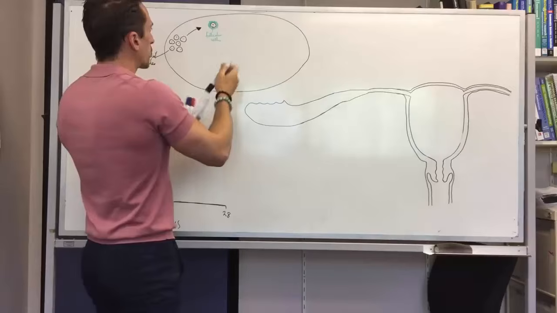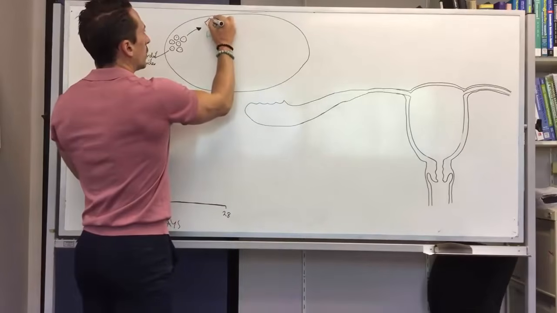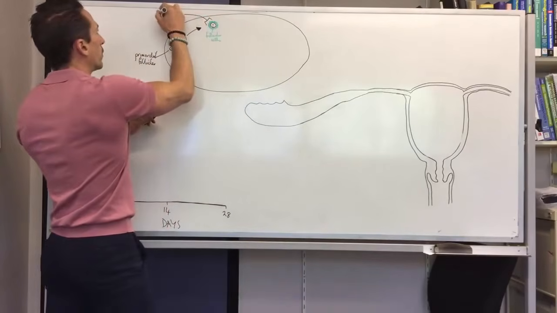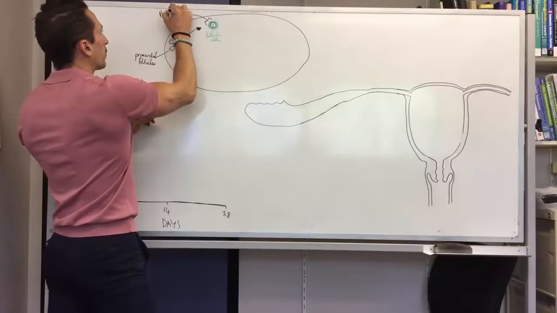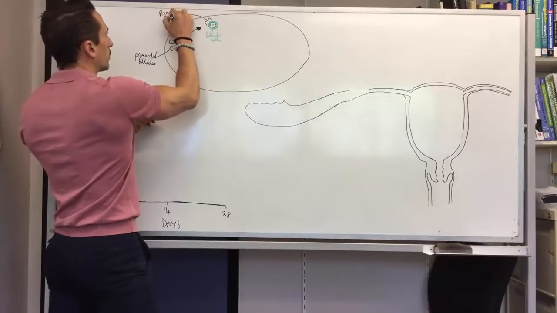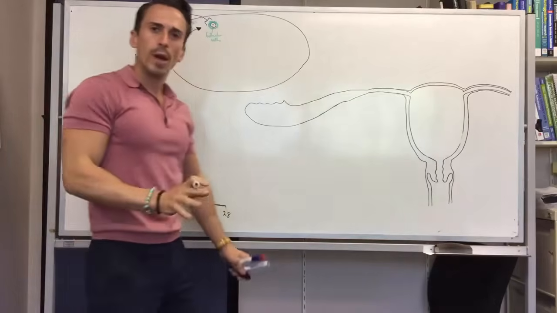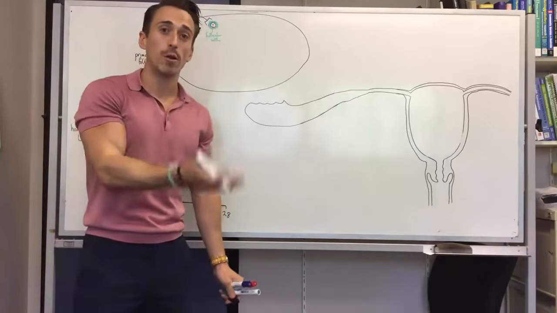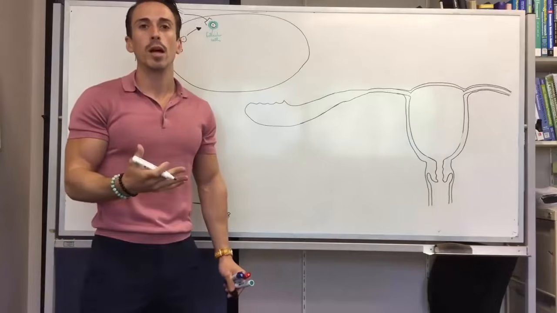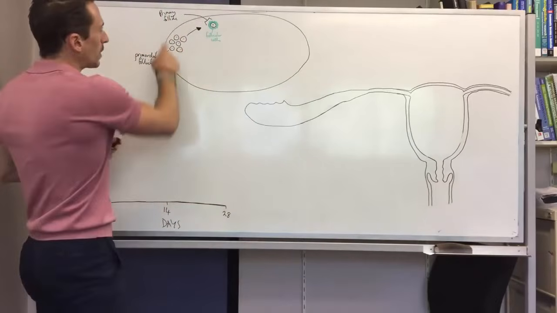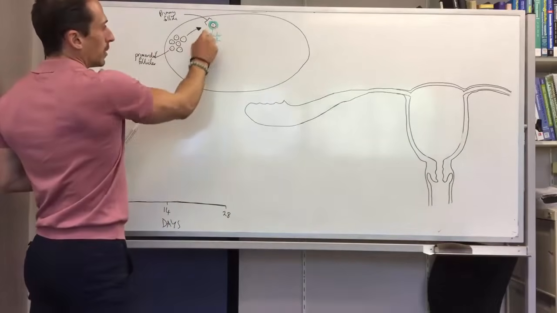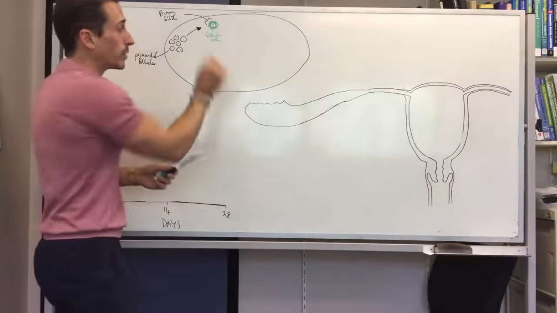And again, the whole structure is called a primary follicle. Now, these follicular cells, what's the point of them being around the oocyte? Well, they basically provide nourishment for the oocyte. They keep it alive.